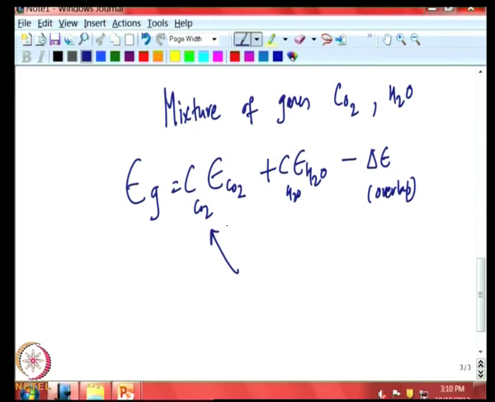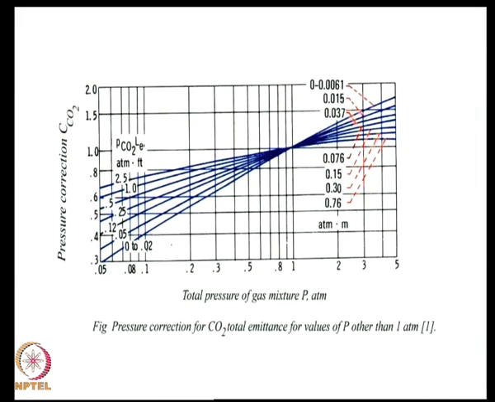So, this is the correction for P total not being equal to 1 bar. That is what is shown in the other figure here. We see here the correction chart for carbon dioxide when the pressure is other than 1 atmosphere.